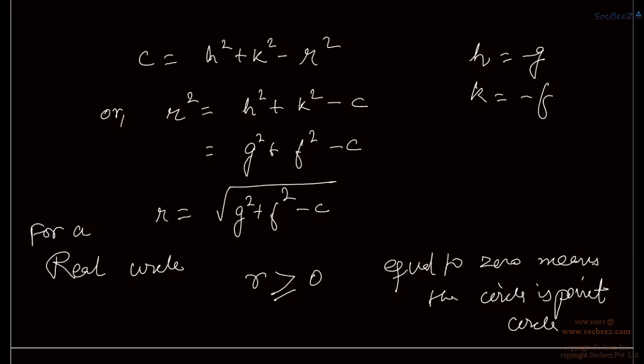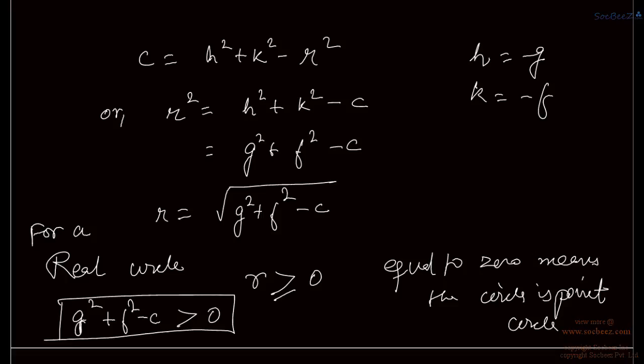And if this relation, that is g square plus f square minus c, is greater than 0, then the circle is real circle. That means for a real circle, g square plus f square minus c must be greater than 0. Equality holds when the circle becomes point circle.